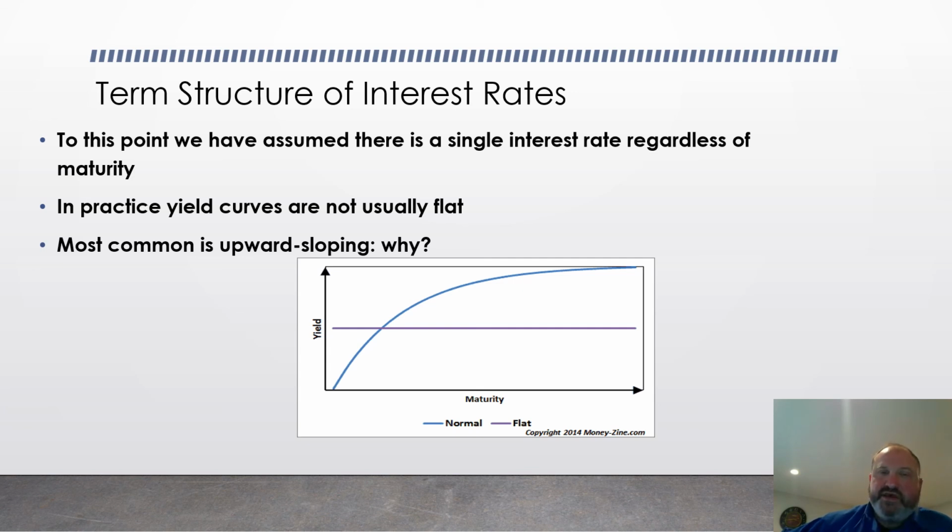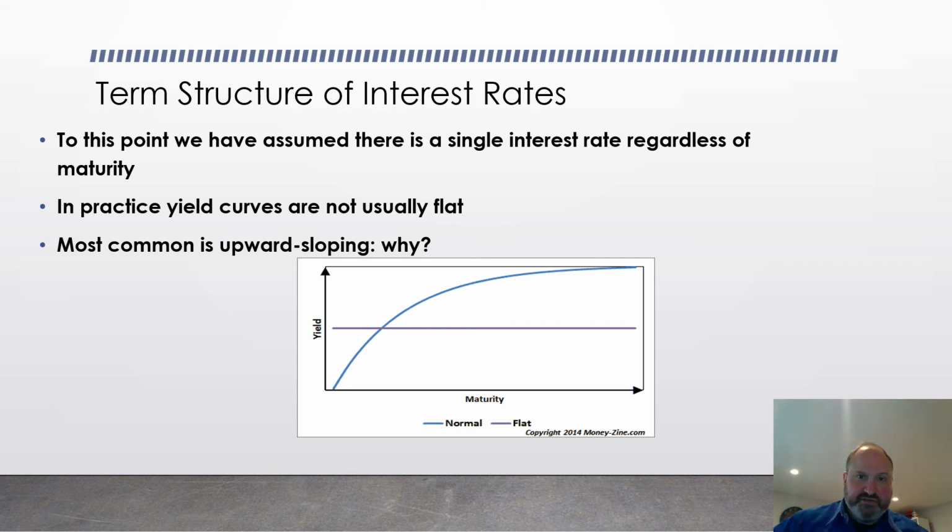Not all the time. Sometimes if they think that the economy is about to really slow down, that means that in a slower economy, people are less interested in borrowing money to start businesses, right? So if you think there's going to be less demand to borrow money, interest rates will go down. That means we may get what's called a downward sloping curve, because people think the opposite of the example we just had, where rates go from 2% to 4%.